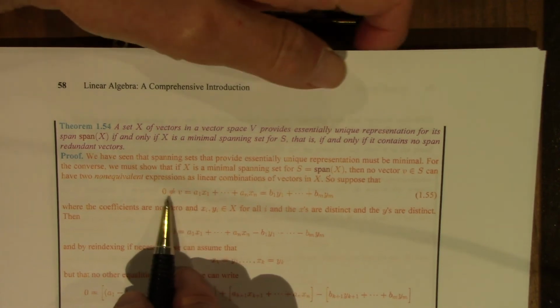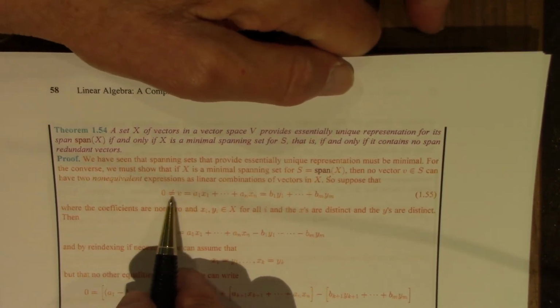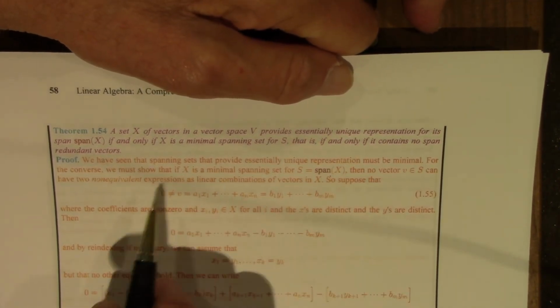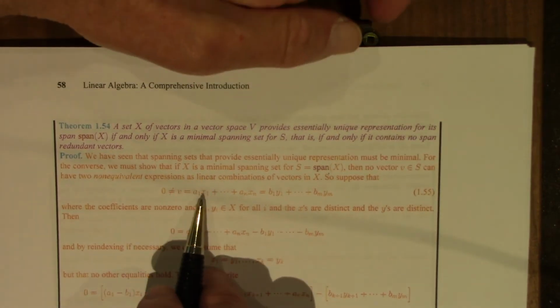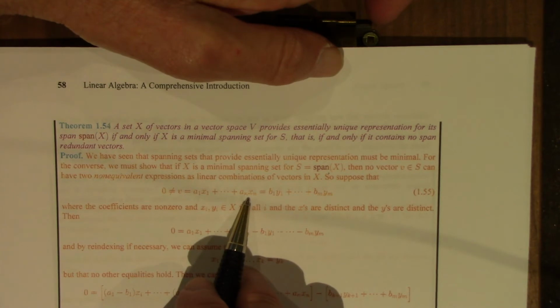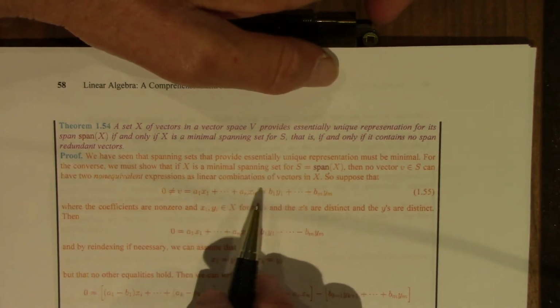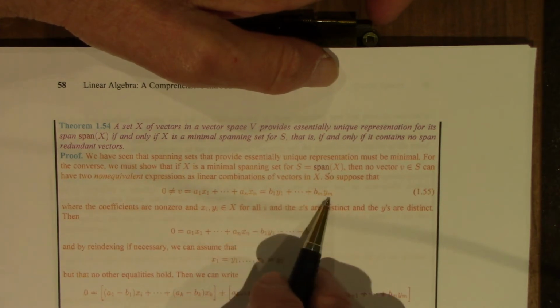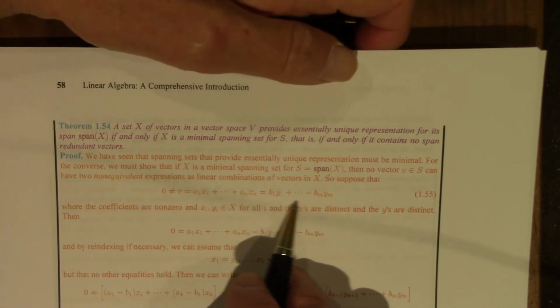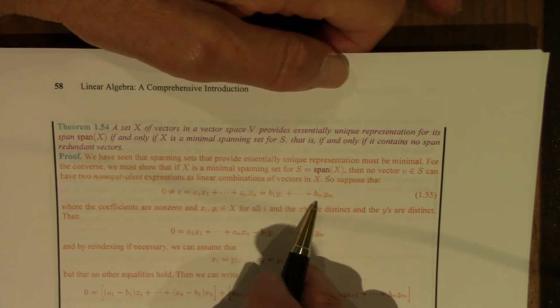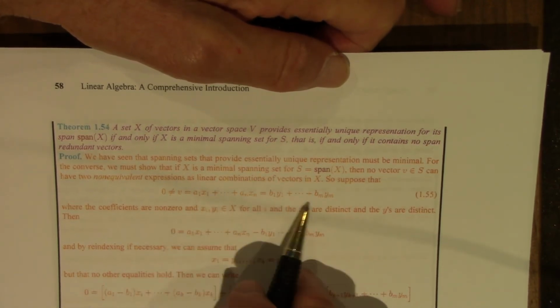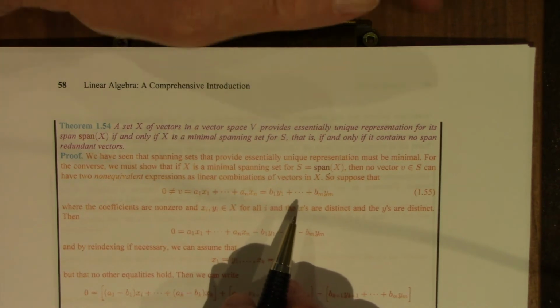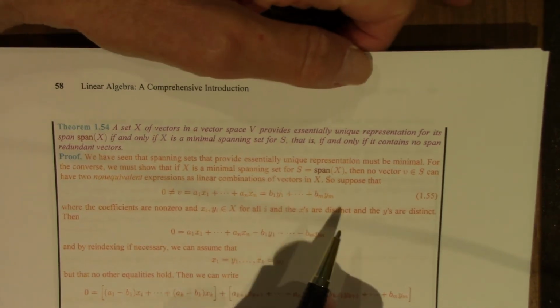So if v, this non-zero vector, has this expression where the x's are in X, capital X, and it also has this expression where the y's are also in capital X, and if the coefficients are non-zero, we've eliminated any zero terms.